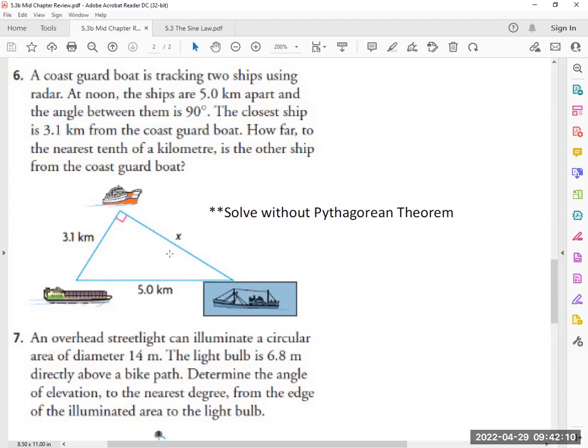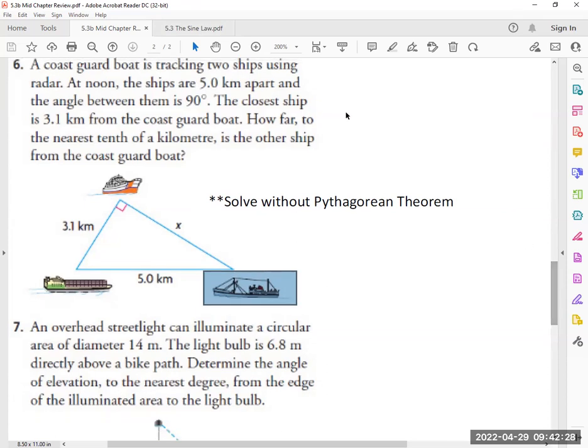The closest ship is 3.1 kilometers from the Coast Guard boat. How far is the other ship from the Coast Guard boat? So this is what I would do. I guess I should demonstrate this because this one gets you to solve an angle. Knowing that this is 90 degrees, you could probably use Pythagorean theorem, but that's not my point.